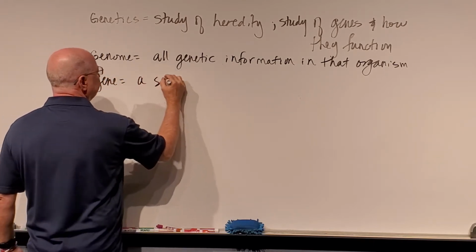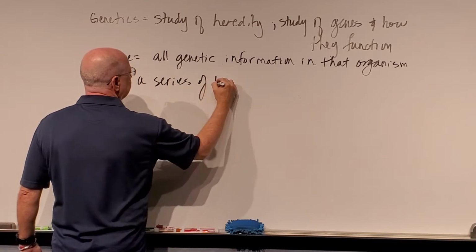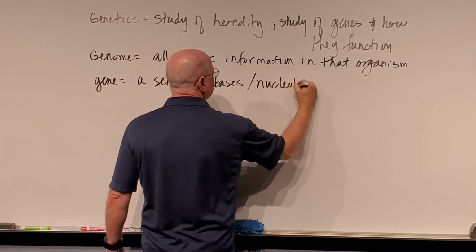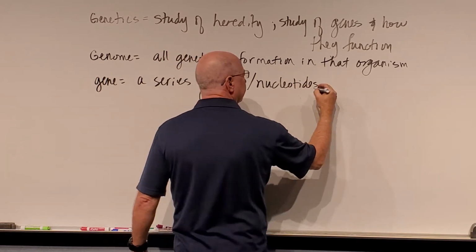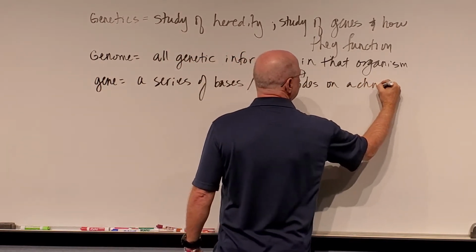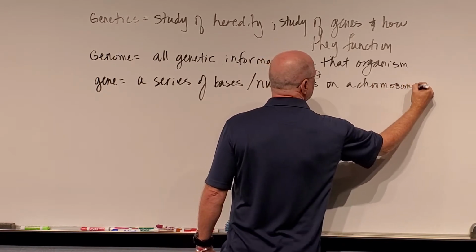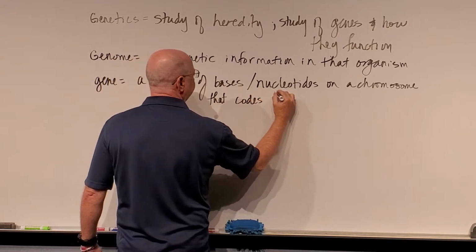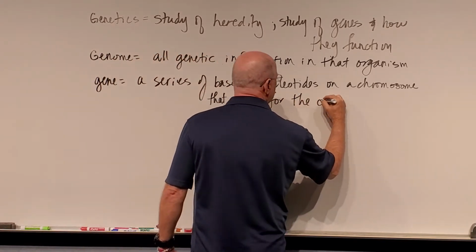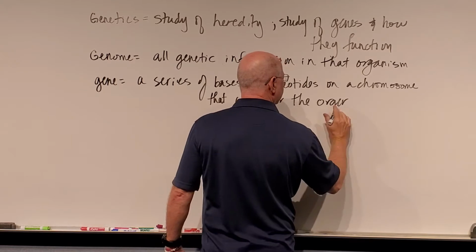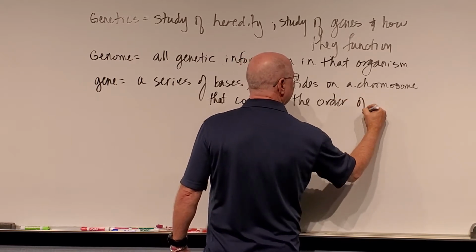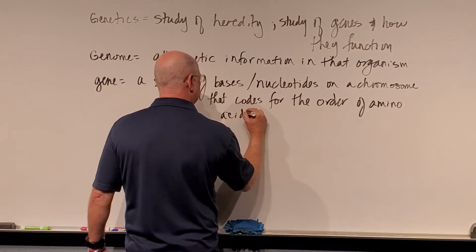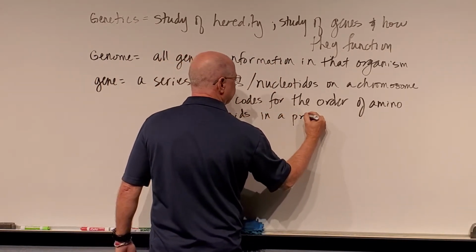A gene is a series of bases, or we can say nucleotides, depending on how we want to look at it, on a chromosome that codes for the order of amino acids in a protein.